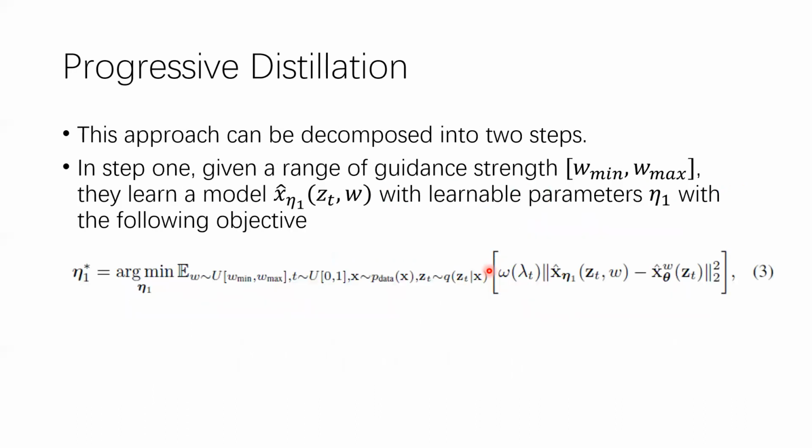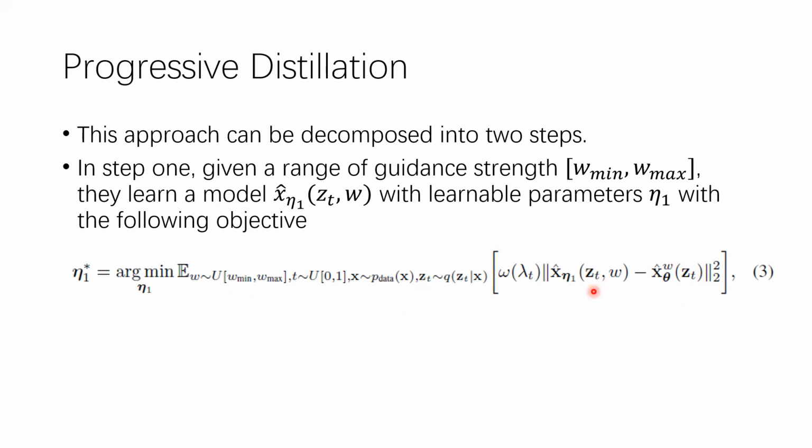This approach can be decomposed into 2 steps. In step 1, given a range of guidance strengths they are interested in, they learn a model x_eta1 with learnable parameters eta1 with the following objective. Basically, it tries to predict the output of this DDIM sampler with w as the input of the model.